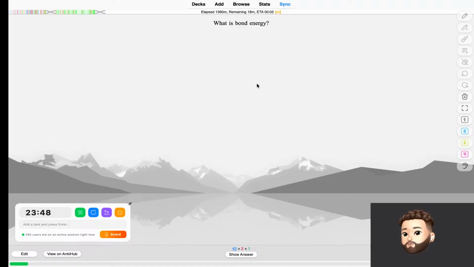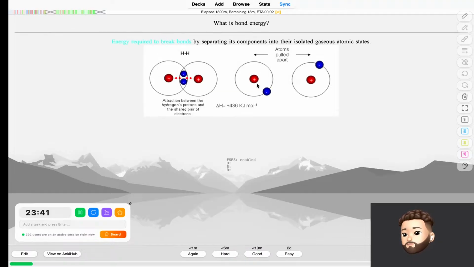What is bond energy? Probably the amount of energy that it takes to form a bond. The card says: energy required to break a bond. Oh, right, because forming bonds releases energy.